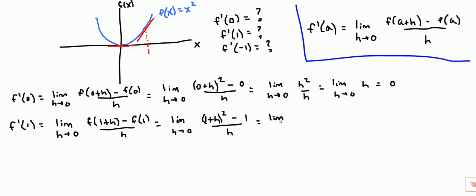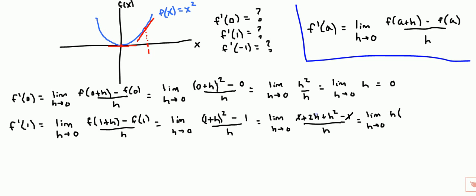Let's simplify. Foiling this out, we get 1 plus 2h plus h squared. We're left with that minus 1 on the right, divided by h. The 1's cancel, and I can factor an h from the top. So if I factor an h, what am I left with?